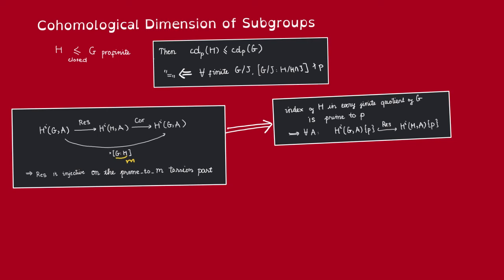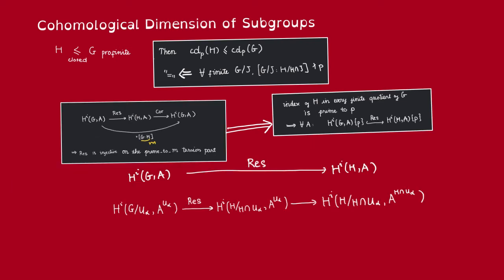Actually, we do not want to apply this proposition in the case when this H is our group H here. Rather, to prove that this map is injective, we want to review the definition of this restriction map. Remember, these cohomology groups are just defined to be the direct limit of these systems.